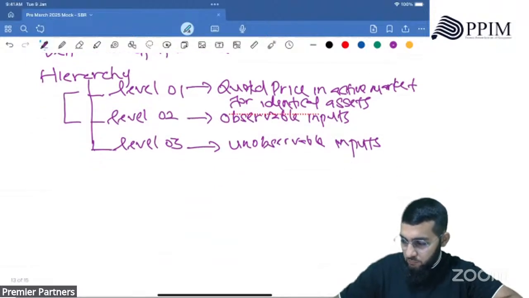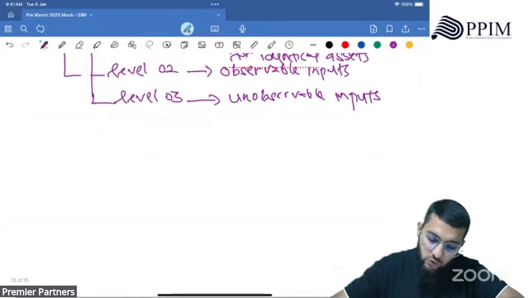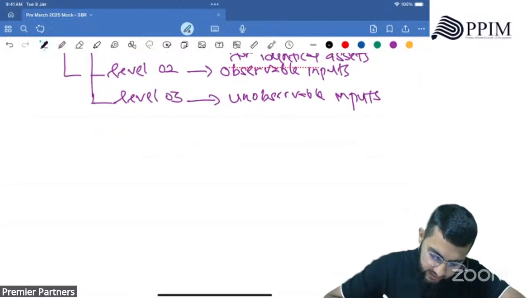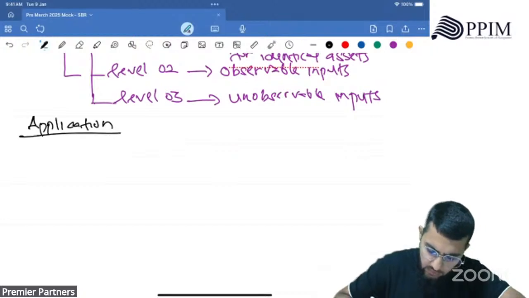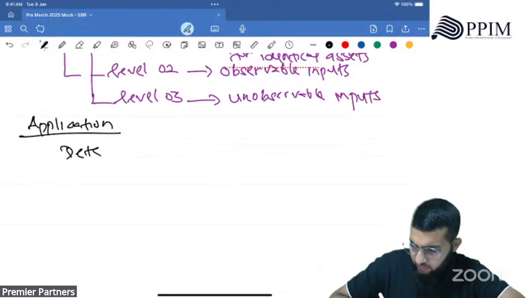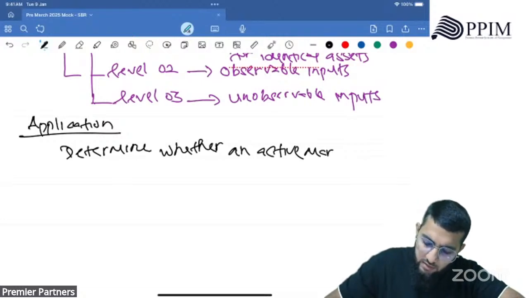Right? Okay. Now first, you have to determine, in this case, application. Determine whether an active market exists.